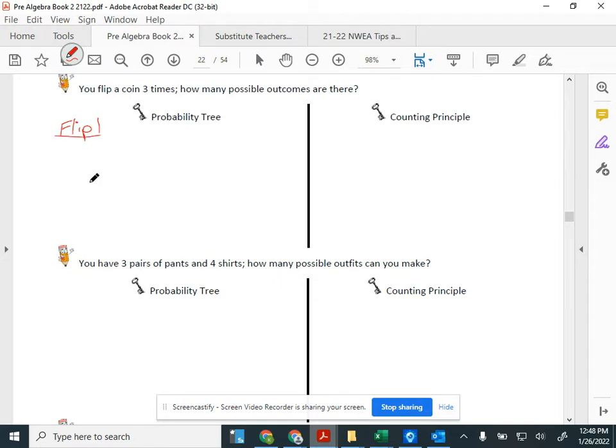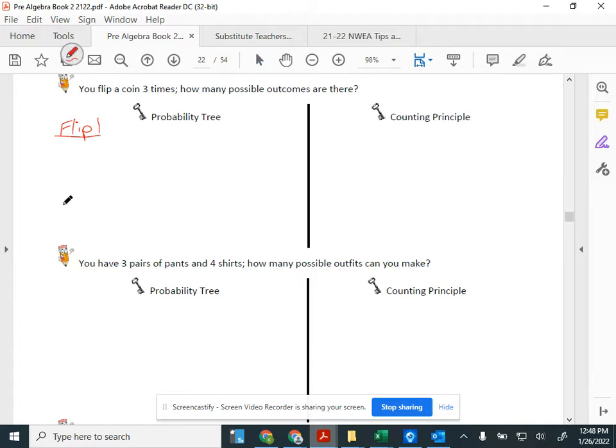If I flip that coin one time, what possible outcomes could I have? Andrea? You have a 50% chance of heads and 50% chance of tails. So I have a chance to get heads or I have a chance to get tails.